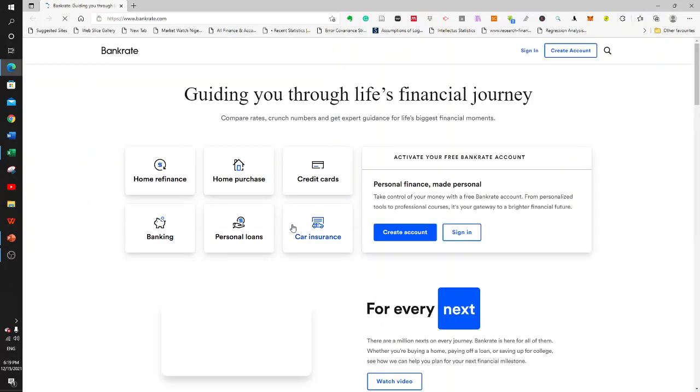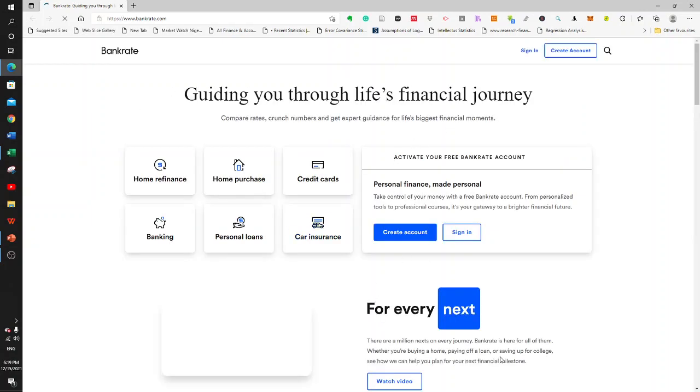Bankrate.com is trying to load. I'm having an issue with my internet somehow, but it's opening. I just want to demonstrate and see whether I can do the calculation.